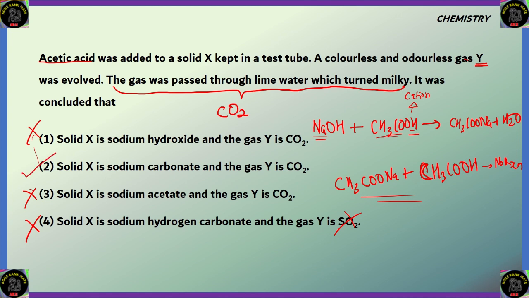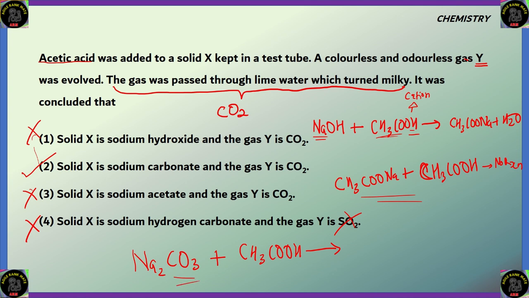However, let us look at the option. Solid X is sodium carbonate. So if we react sodium carbonate, that is Na2CO3, plus CH3COOH. Now this is a classic reaction of an acid reacting with a carbonate compound.